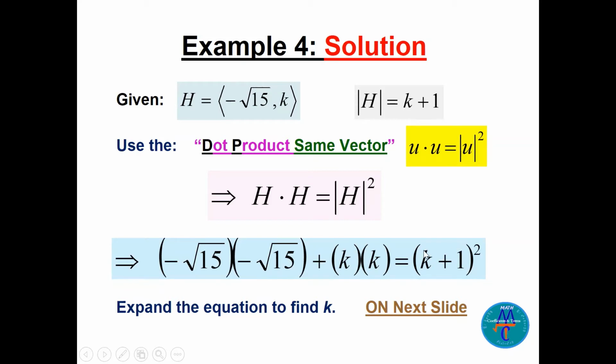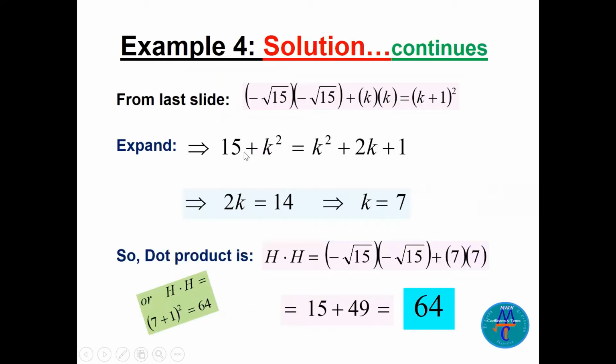So now we have to expand the equation here, simplify all this. On the next slide, we can see the continuation. So we have 15 plus k squared is equal to k squared plus 2k plus 1. You remember, just expand here. k squared is cancelled. 2k is equal to, take 1 on the other side, 14.